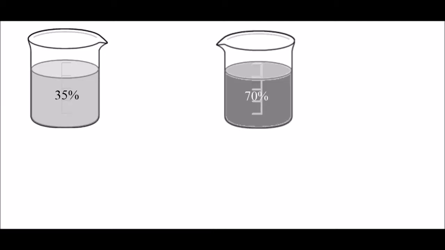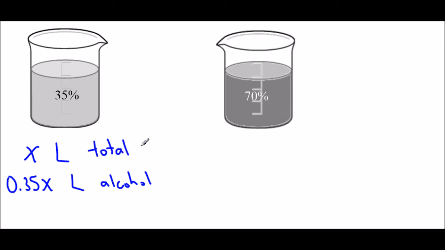Let's think really deeply and make sure that we understand what this 35% solution means. If I have X liters of 35% solution, then I have 35% of that, or 0.35x liters, that is pure alcohol. So X liters is the total liquid in this container, and of that, 35% is alcohol.